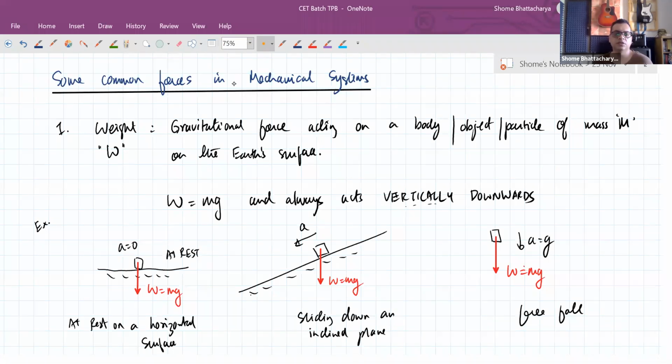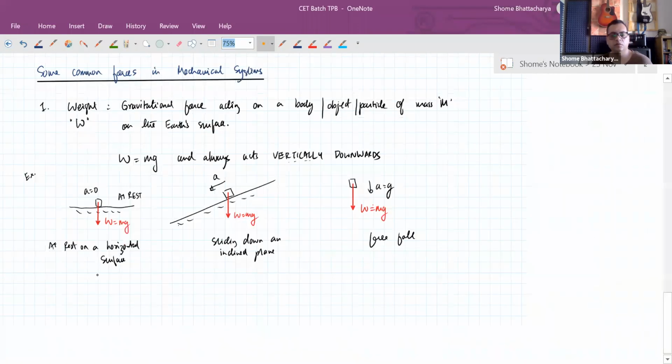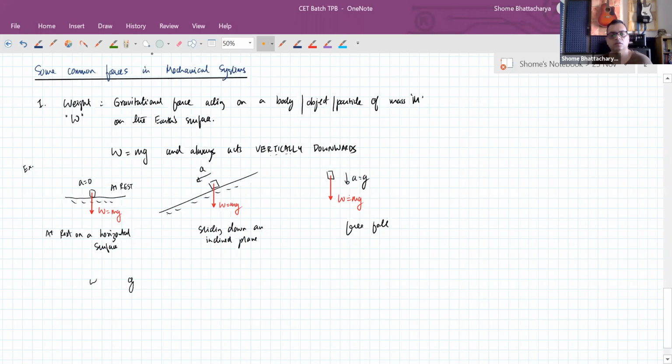Where you know the value of g is, first of all, g is called acceleration due to gravity.